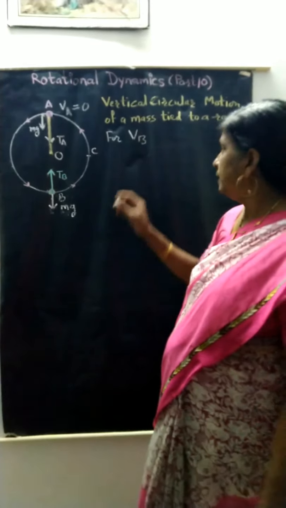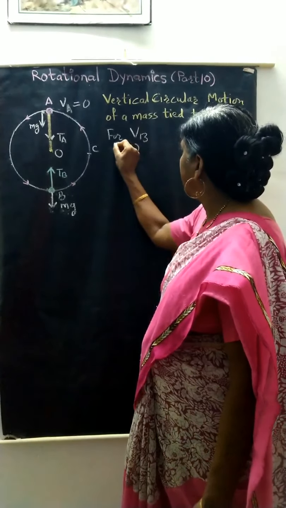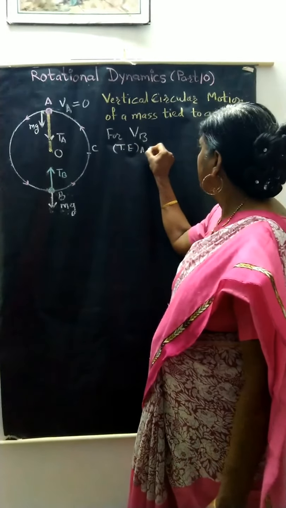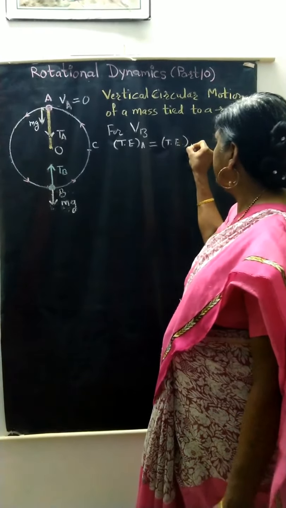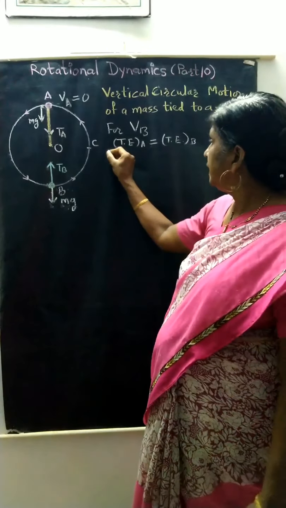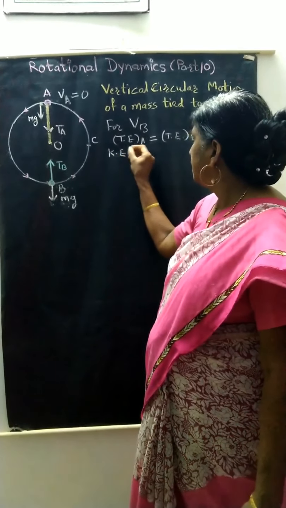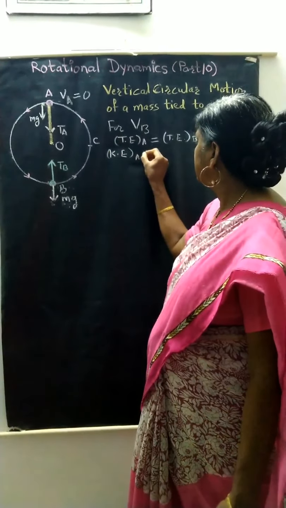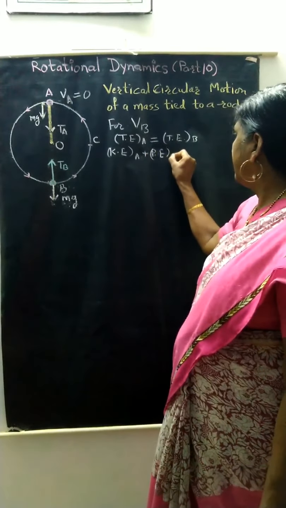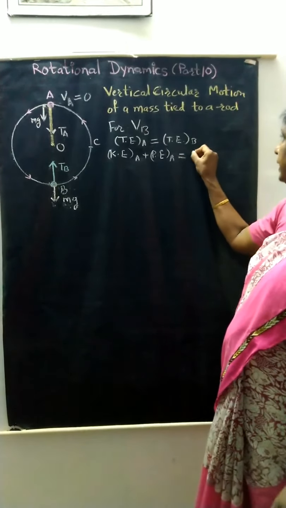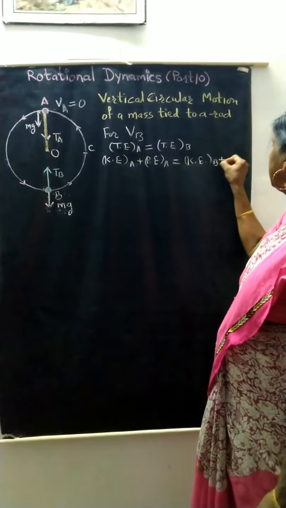According to this principle, the total energy at point A is equal to total energy at point B. So total energy is the sum of the kinetic energy and the potential energy at point A, equal to kinetic energy at point B plus potential energy at point B.